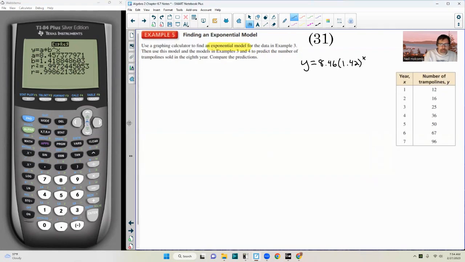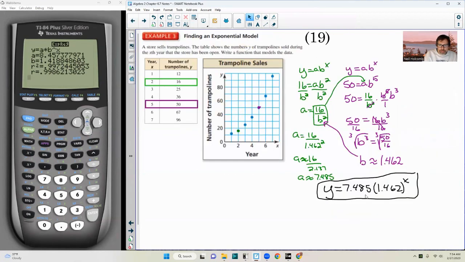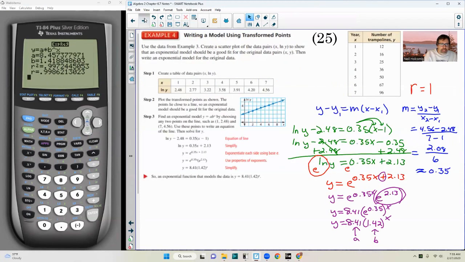So now that we're at this point, what's next? Okay, so I use my regression equation, and it's y equals 8.46 times 1.42 to the x. So example 3 said, if we go back, example 3 was here. Now my numbers are different than what the book had because I chose two different points than the book, but it's similar.